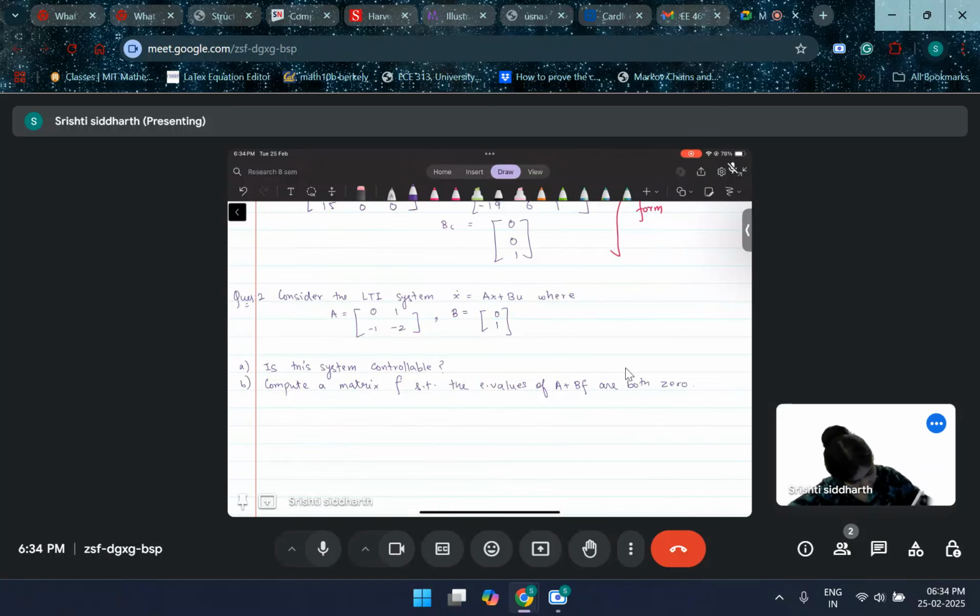And then C, find the matrix, and check whether the closed loop system x dot equals A plus BF x is stable.